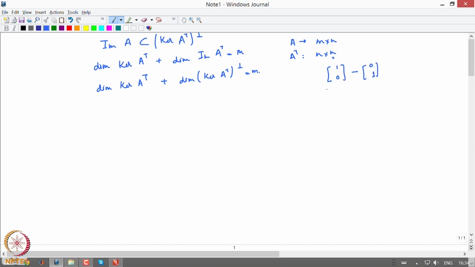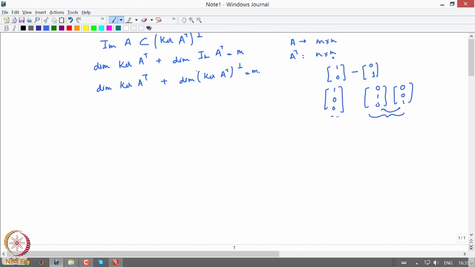Similarly, if I have the kernel of A transpose in a 3-dimensional space looking like this, then its perp or its orthogonal complement will have either 0 1 0 or 0 0 1 or any linear combinations of these two. I can just swap these two and say if this is the kernel of A transpose, then this will be in its orthogonal complement. So, this is intuitively clear.